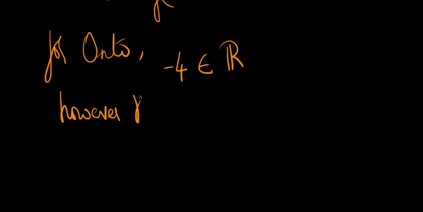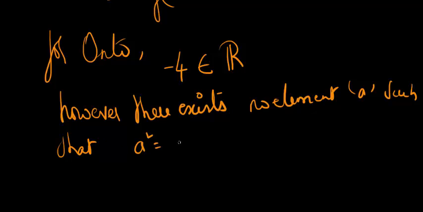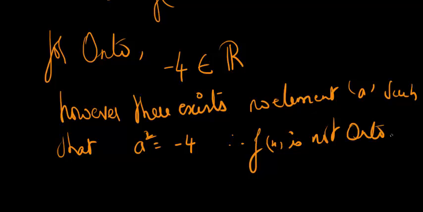However, there exists no element A such that A square is equal to minus 4. Therefore, f of x is not onto. Okay? It's not an onto function.